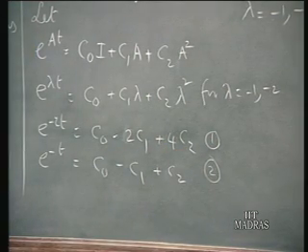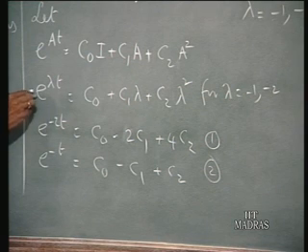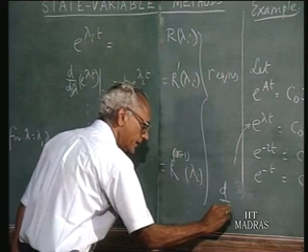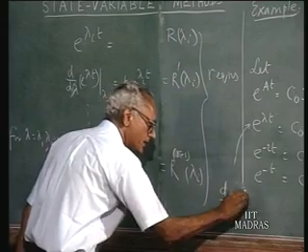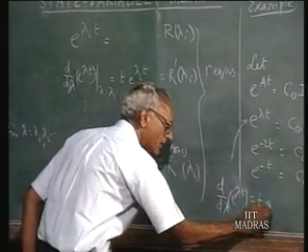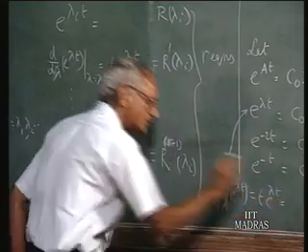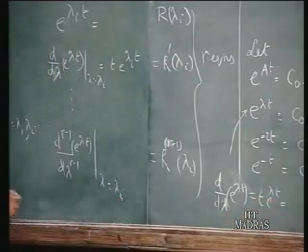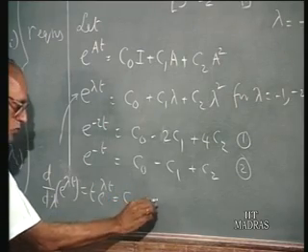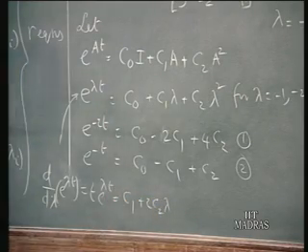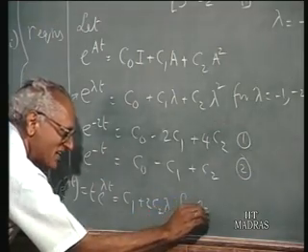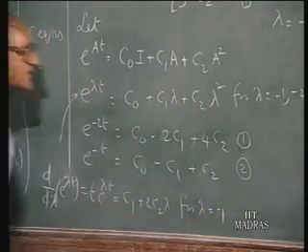To get the third equation, you take the derivative of this with reference to lambda. So we get d by d lambda of e power lambda t, which is equal to t times e power lambda t, and on the other side you get c1 plus 2c2 lambda. This equation is true for lambda equals minus 1, because that is the one that is repeated twice.